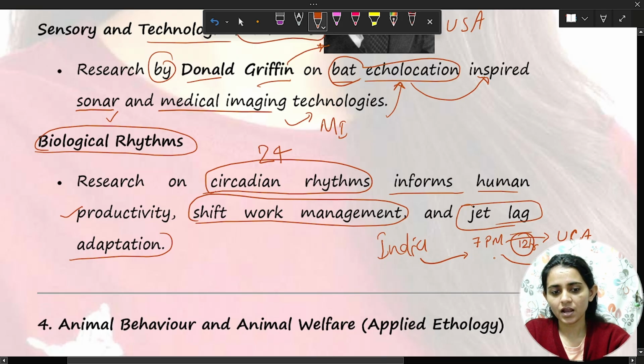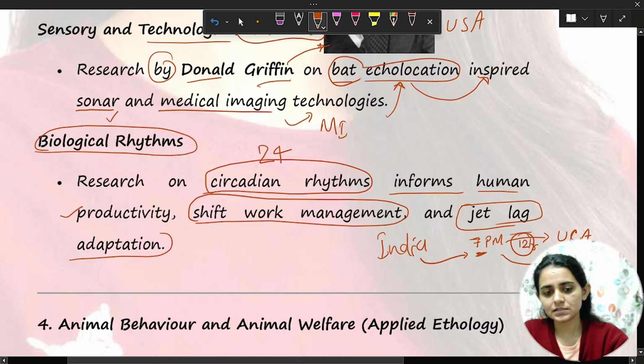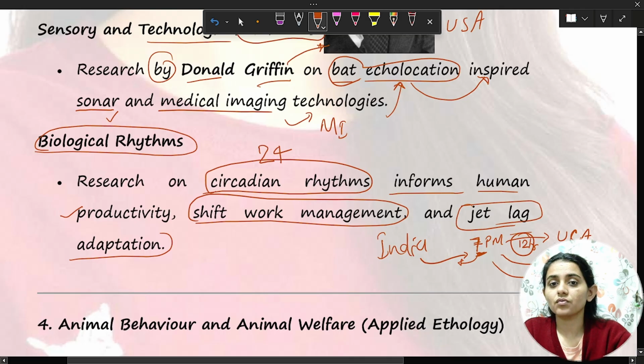When it is 7 p.m. in India, it will be morning time in the USA. And when you reach the USA, it is evening. So after 12 hours, it will be morning in India.